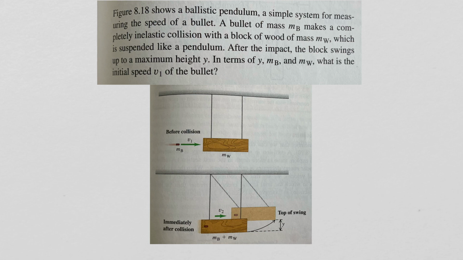And so the question is, in terms of the height to which the pendulum is going to swing, the mass of the bullet, the mass of the wood, what's the initial speed of the bullet? Let after collision the bullet block system move to the right with velocity v2.